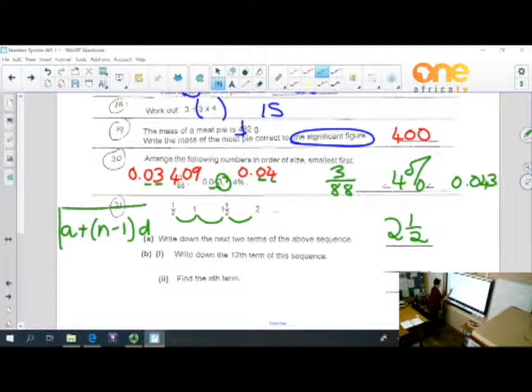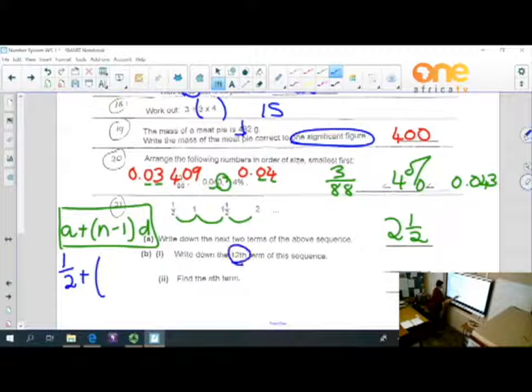Remember this formula that we looked at now? What is A? What is the first term? A half. Plus, now we want the 12th term. 12 minus 1 is 11. And what is the common difference? Also a half. So it is a half plus 11 times a half, and that gives me 6.